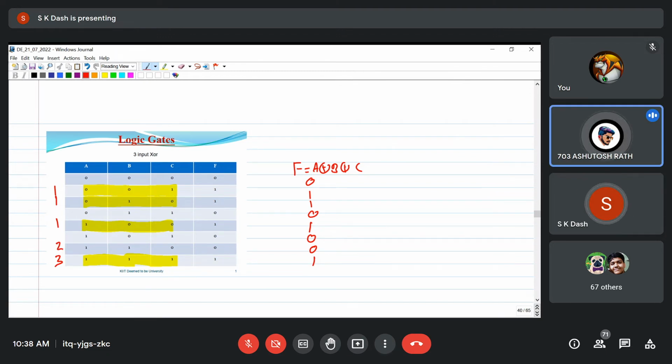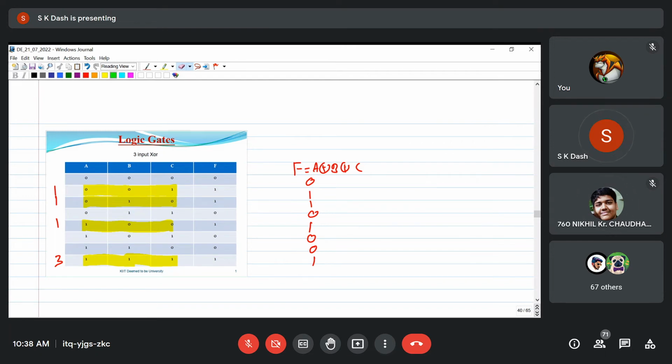Check the number of 1s in other cases. This is 2, this is 2, this is 2, this is 0. So your output will be 1 only when an odd number of ones are present. If an odd number of ones are present, only for those corresponding combinations the output will be 1.